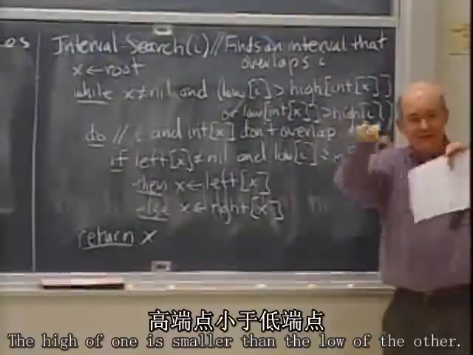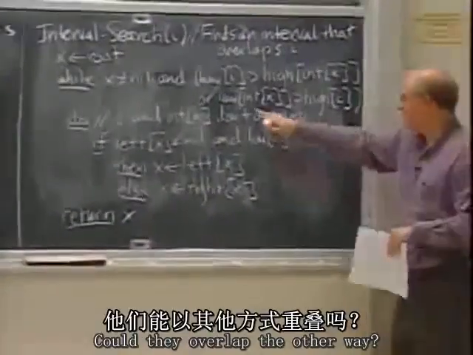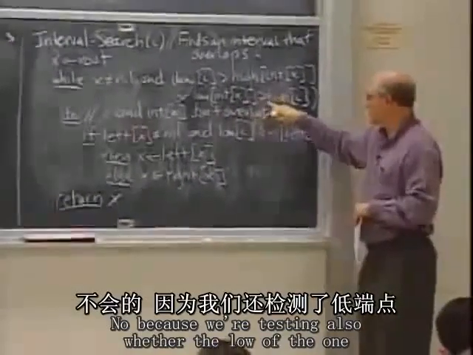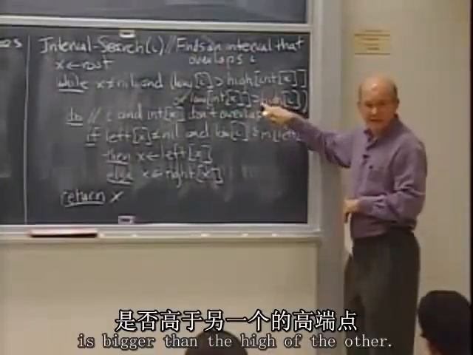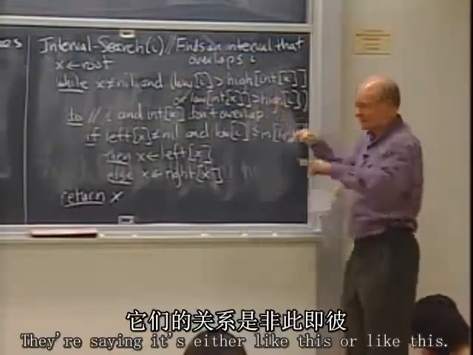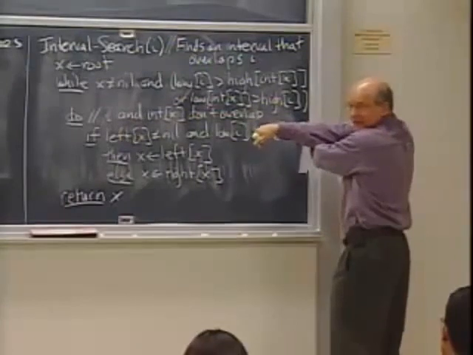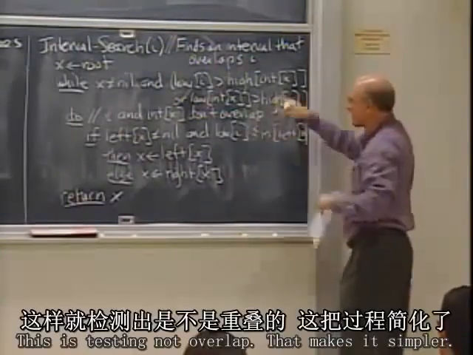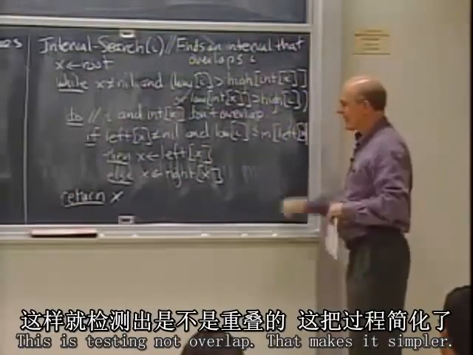If the high of one is smaller than the low of the other, they don't overlap that way. Could they overlap the other way? No, because we're also testing whether the low of the one is bigger than the high of the other. So it's either like this or like this. So this is testing not overlap. That makes it simpler.